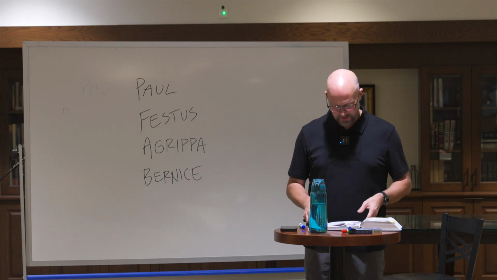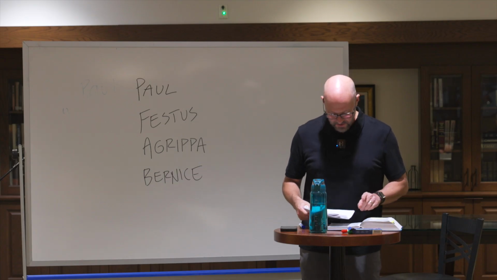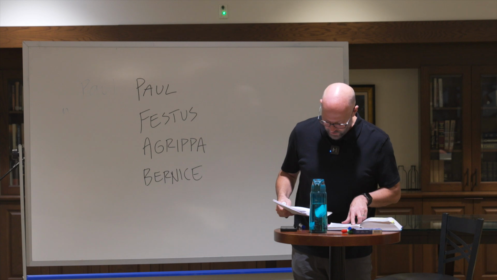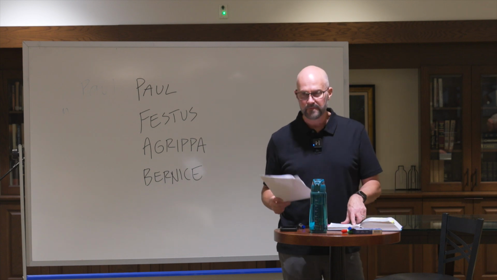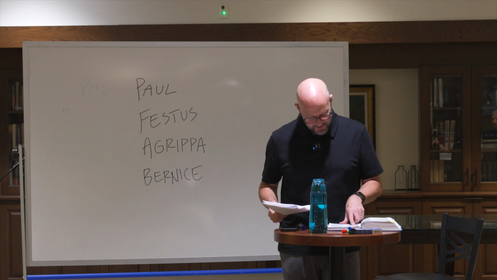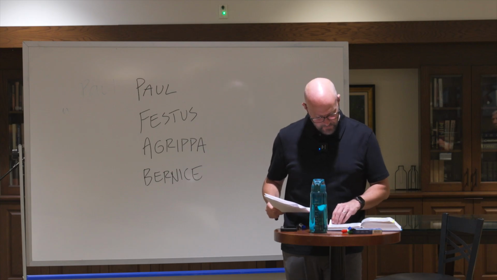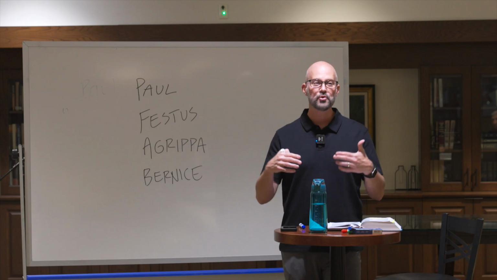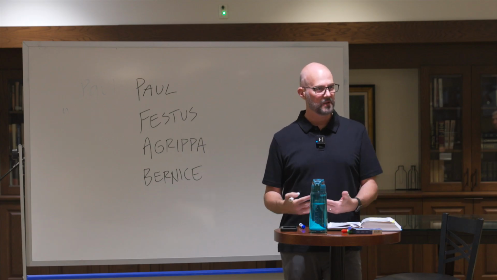King Agrippa is introduced. The third section I'm going to read real quickly, which is the rest of chapter 25. And this is really just Paul beginning his trial, if you will, before King Agrippa.